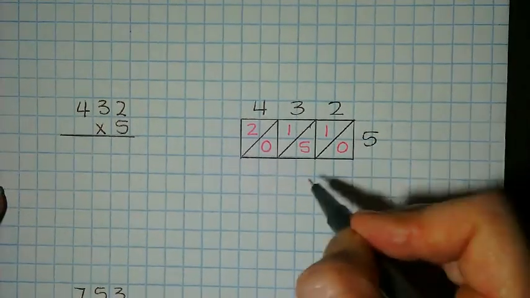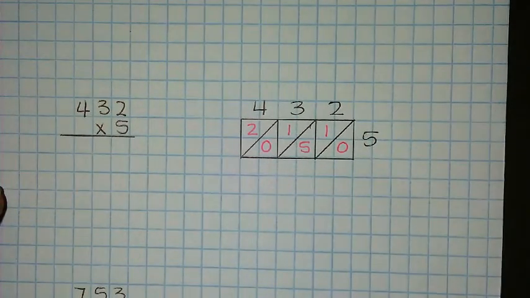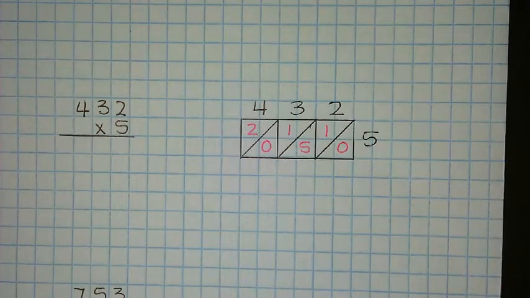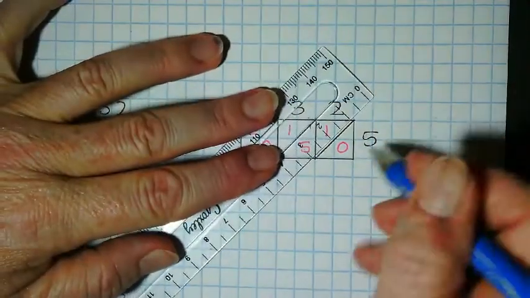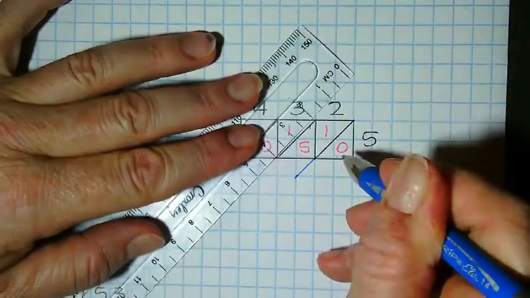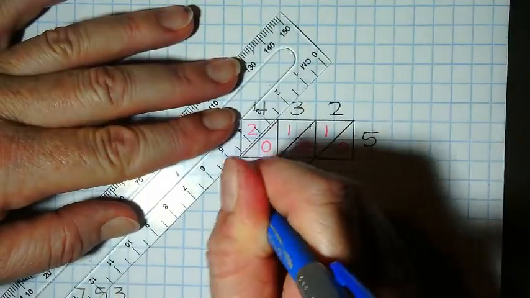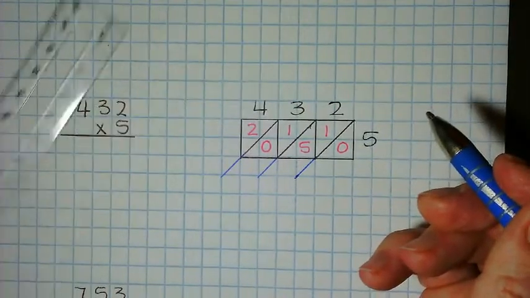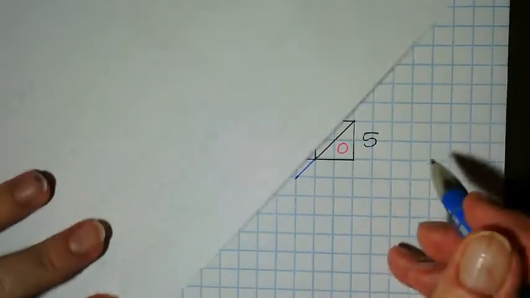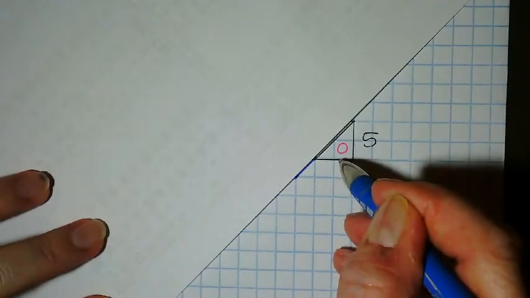Now to get to the answer, remember, I'm going to make the diagonals longer to go outside the rectangle and the squares, and now I add the numbers that's going to be in the diagonals. So there you can see it's only a 0.